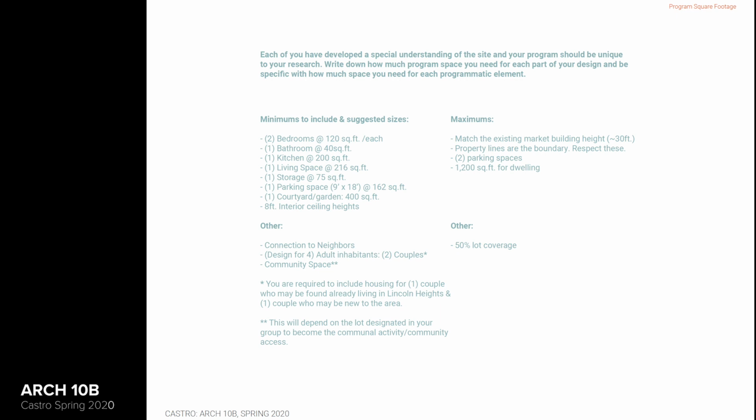And the reason being is the adult inhabitants, unlike the Schindler project, for our project here, I'm asking you to include housing for one couple who may be found already living in Lincoln Heights. I would call these locals. And then maybe one couple who may be new to the area, which I guess we could technically call transplants, right?